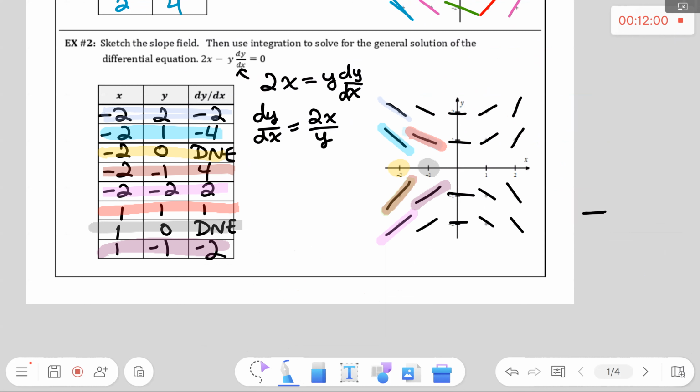Just reflect them. We could make a whole table that does all of them. But after that, you have enough information to start repeating your pattern.